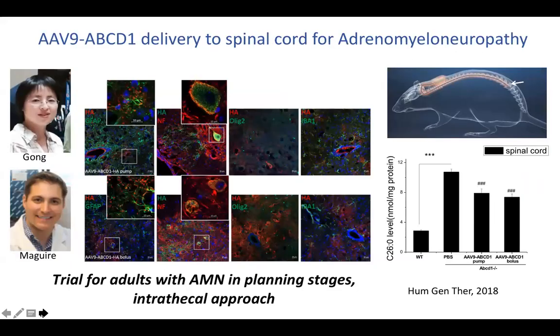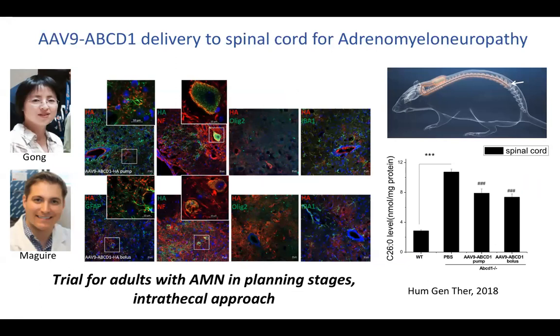Another trial that's in planning stages is using an AAV9 to the spinal cord for adrenomyeloneuropathy. This has been shown in my lab to work very well using an osmotic pump that in mice is inserted under the skin and can deliver into the lumbar space of the spinal cord.